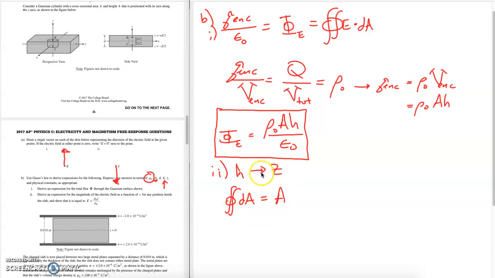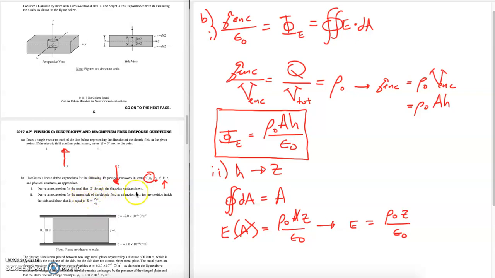So making these two replacements in here, we're going to have E times A equals rho naught A z over epsilon naught. And the two A's are going to cancel. And the electric field is going to be rho naught z over epsilon naught, which is what they told us they wanted the answer to be.